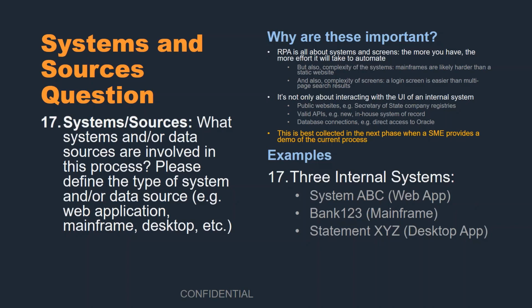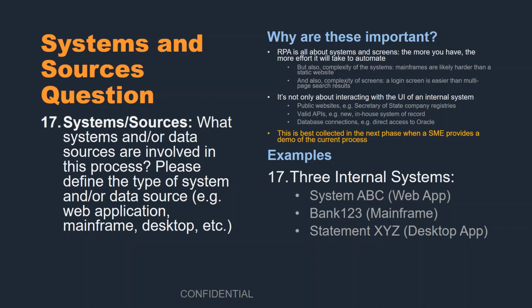Yesterday we talked a little bit about RPA calculators. I didn't dig that up yet, but I'll provide it as a follow-up. If you have systems and sources that are more challenging, something that's behind Citrix, or something in a mainframe, those are probably going to take more time and effort than something in a publicly accessible website that's accessible via a modern browser like Google Chrome, or even headless browsers that you can get access to.